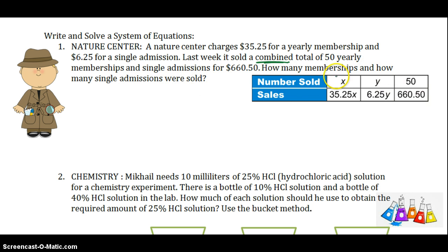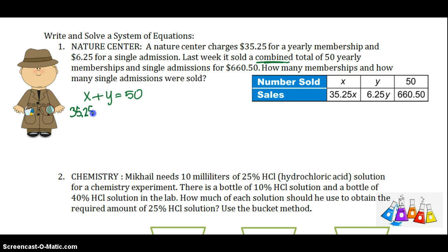So they were very nice and provided us this chart where we know X stands for the number sold. So we don't know how many yearly and how many single. We know that the total memberships sold were 50. So our first equation is X plus Y equals 50. Now when you talk about the money, the yearly membership is $35.25.